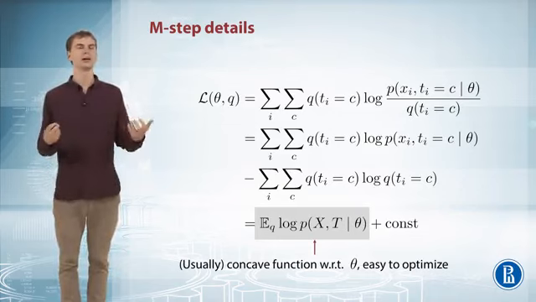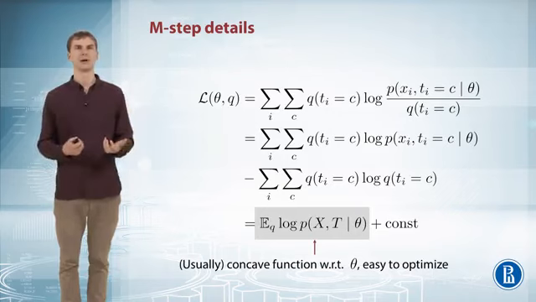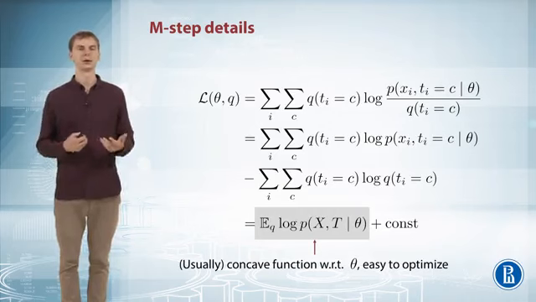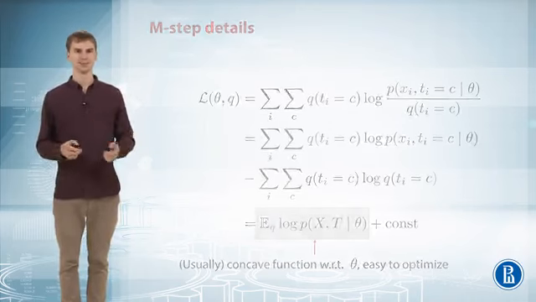Well, at least all local maxima are the same as global maxima, and it may be really easy to maximize. And usually you can even derive the analytical expression for this M step, because this problem is so much easier than the original one in most cases.